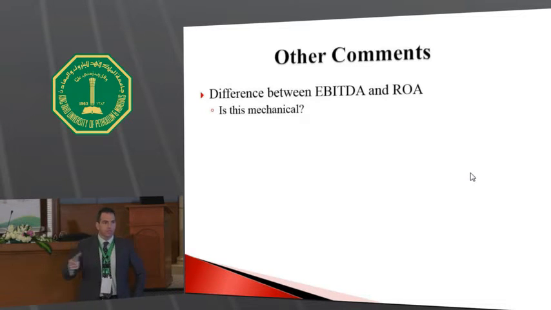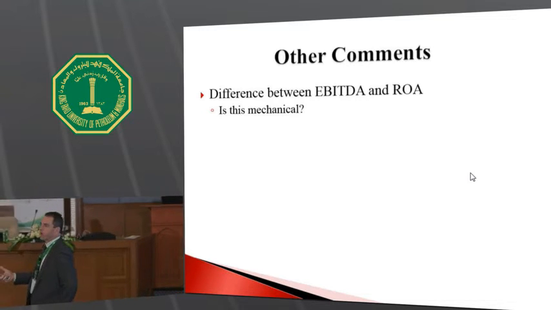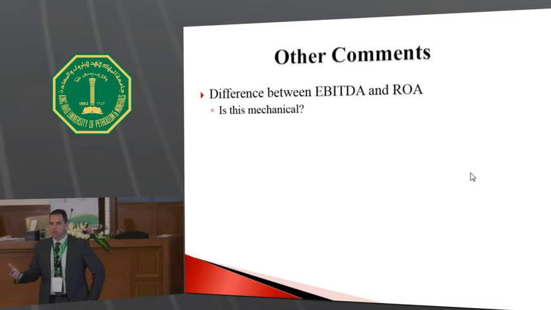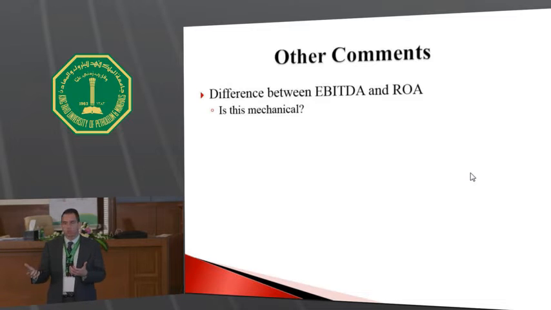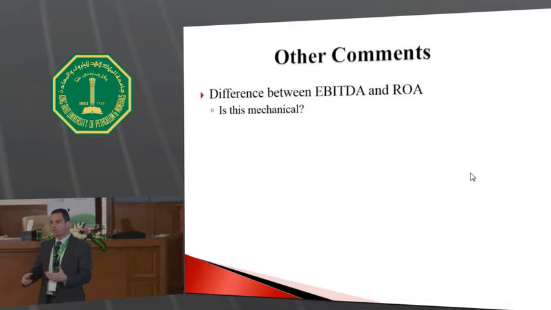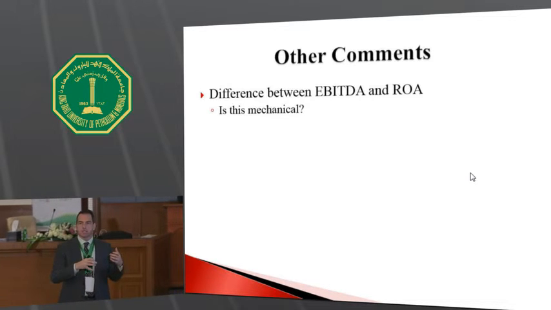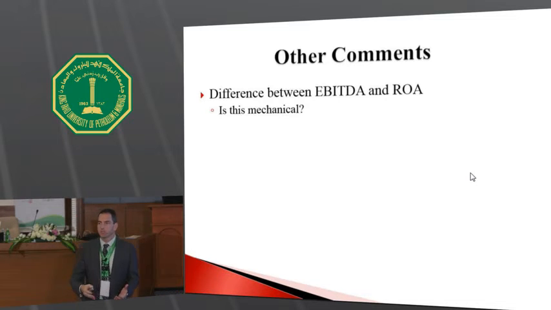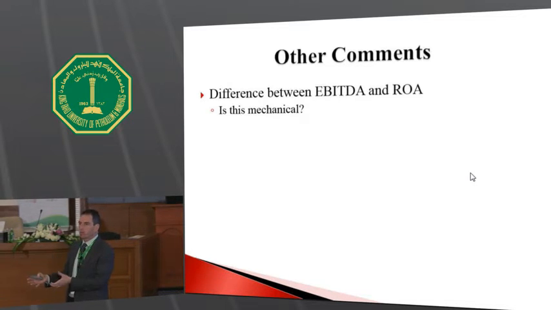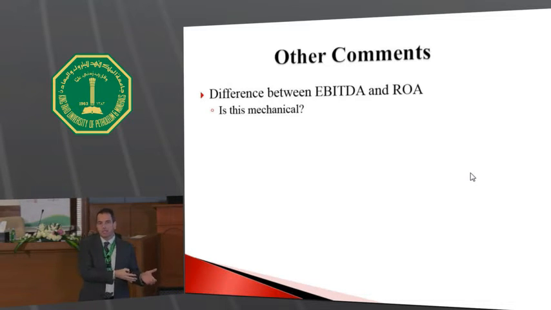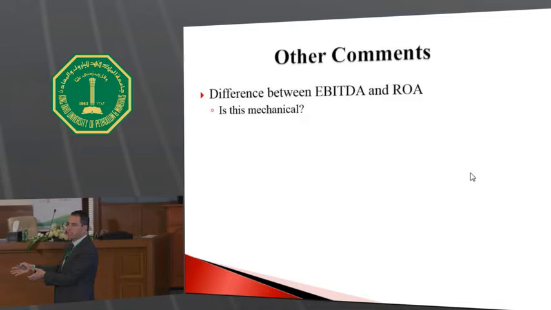So my understanding from the presentation was that the ROA measure is going to be after the interest expense on the bond issue, but it's not going to be after the profit sharing on the sukuk. Well, that's going to cause this apples to oranges comparison where I can't really understand how much of the performance difference on ROA is because the actual activities of the firm have changed, versus the interest expense has been taken out, whereas the payments on the profit sharing to the SPV have not been taken out.